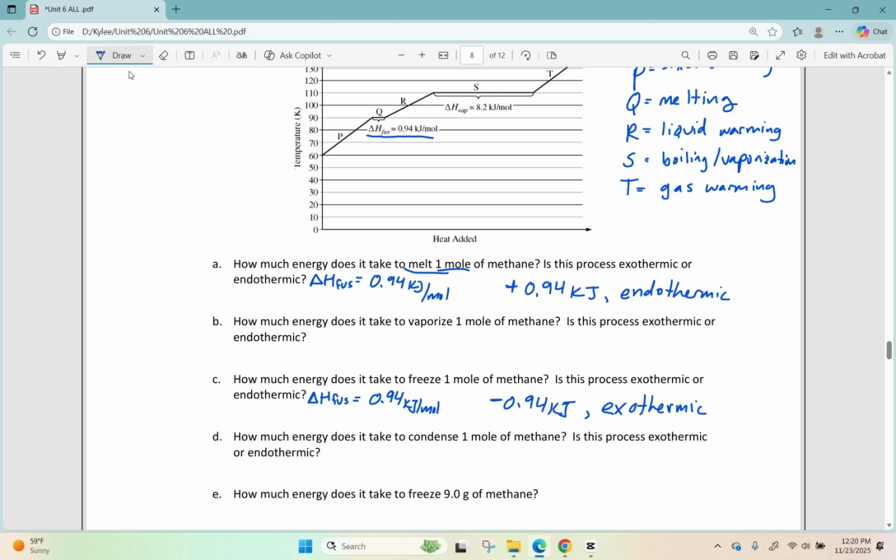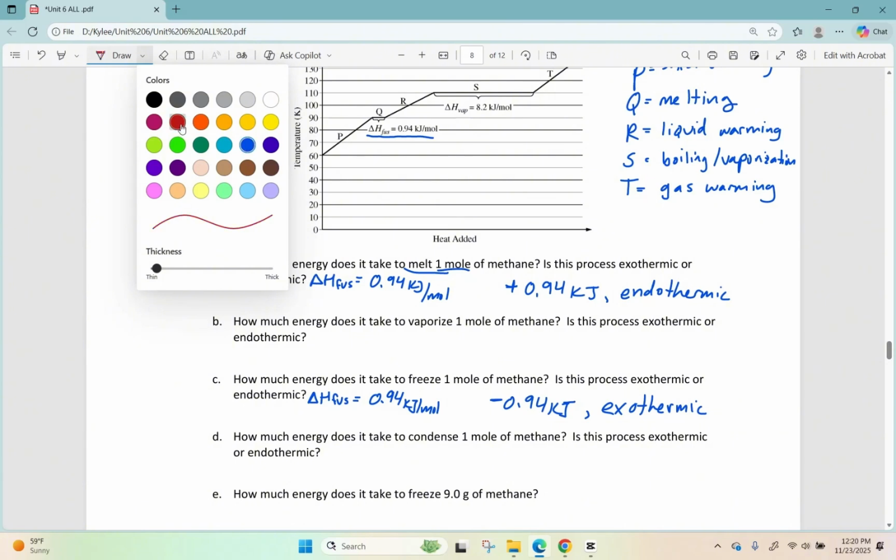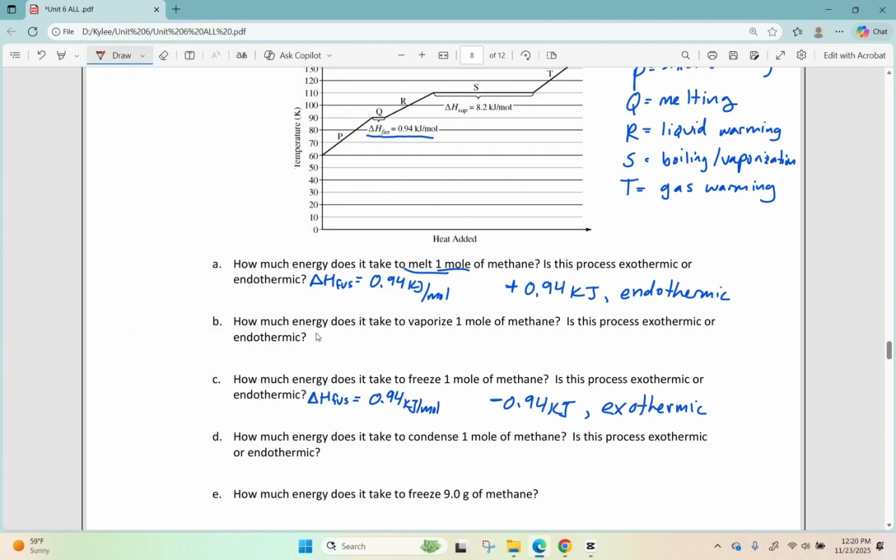For B and D, it's kind of the same idea, except we are looking at the vaporization value. They want to know how much energy does it take to vaporize 1 mole of methane. So delta H of vaporization, it tells me, is 8.2 kilojoules per mole. I only have 1 mole, so this is going to be 8.2 kilojoules.